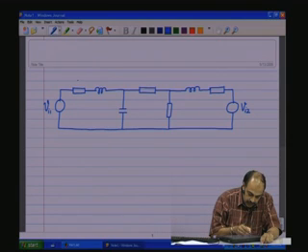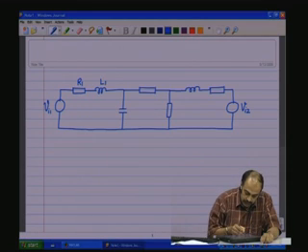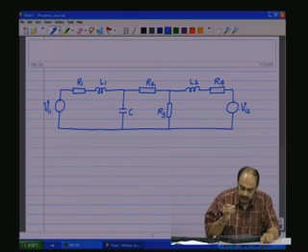Let us have the parameters. We have the parameters here, let us say R1, this is L1, this is C, R2, R3, L2, R4 and the source VI2.